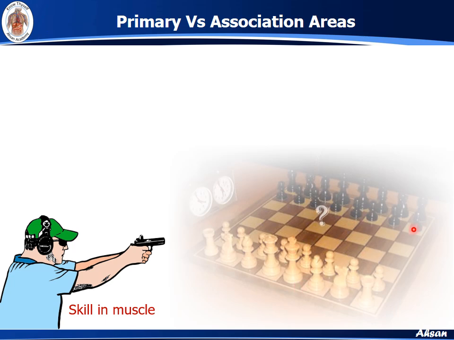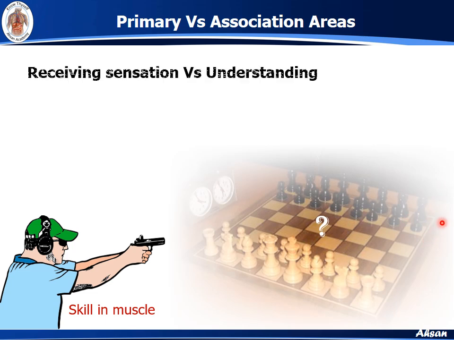But if you look at the second game, here the muscular activity plays a very little or insignificant role. The main role is played by the thinking capability. The eye is observing, but it is not doing anything. This is the association area, that is the memory, that is the processing capability, doing the main function.